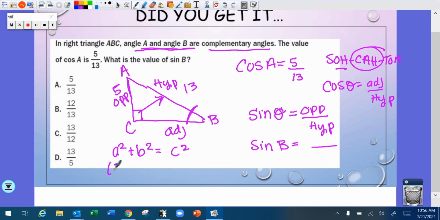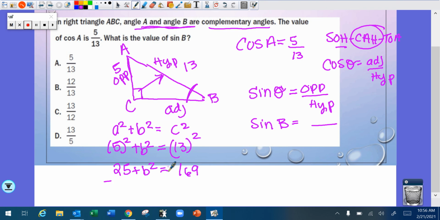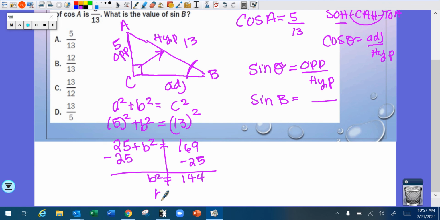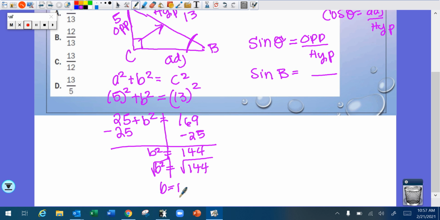I'm going to say a is 5, so 5 squared plus b squared equals 13 squared. Then I get 25 plus b squared equals 169. Then I use my line method. B squared equals 144. Square root of both sides. So b equals 12. So this little side right here is 12.